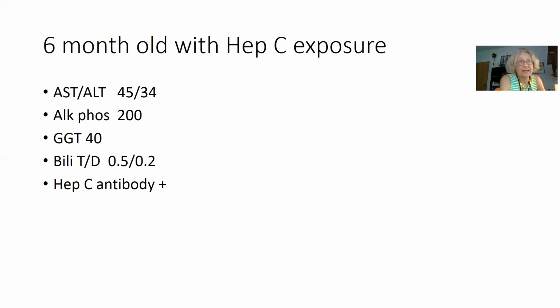This baby actually did not have hepatitis C, and we were able to calm things down, and the parents were certainly very happy.